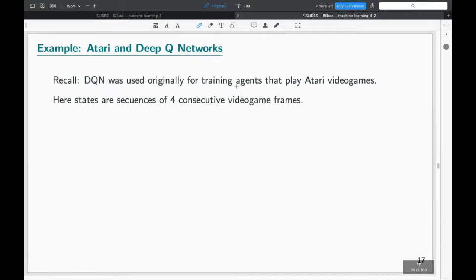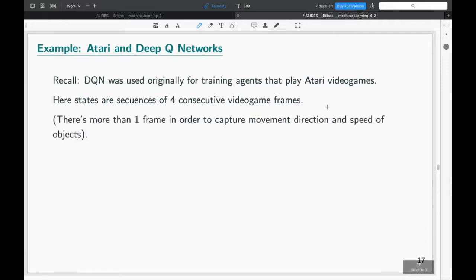And just a word about that. As I said, DQN was originally used for training agents that play video games. The states were sequences of 4 consecutive video game frames. It's not just one frame because you put 4 in order to capture movement and movement direction and speed of objects.